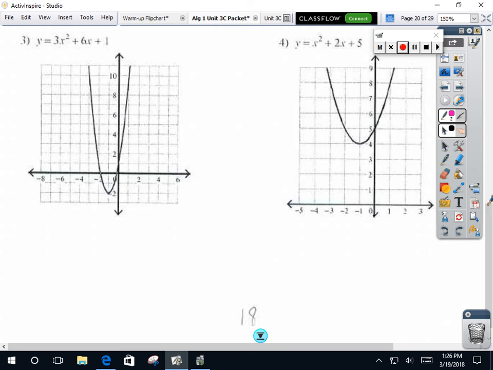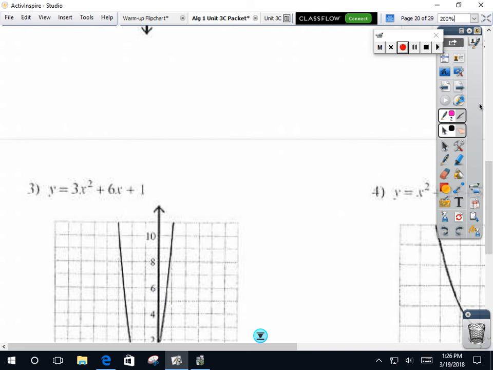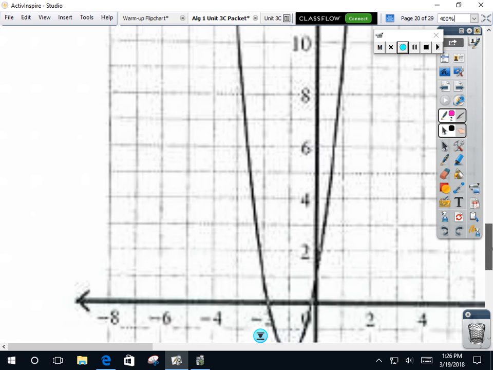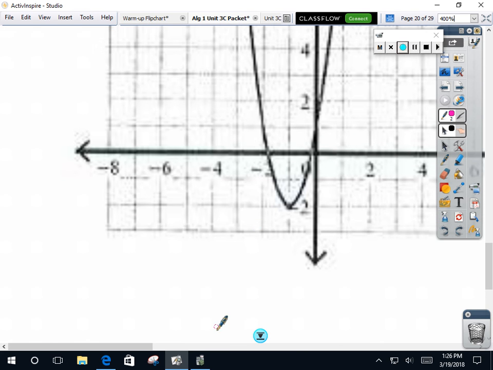All right, number 3. Number 3 is a little more difficult because they give us the equation in standard form. The solutions are harder to see. Like, watch when I zoom in. Let me zoom in a little further just to prove to you where does the parabola appear to cross through the x-axis?